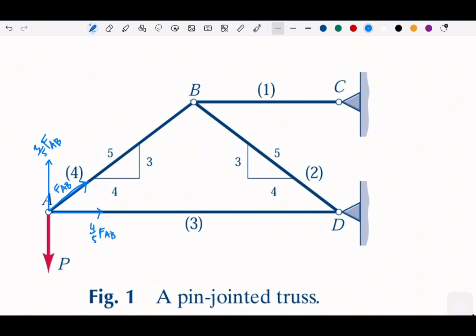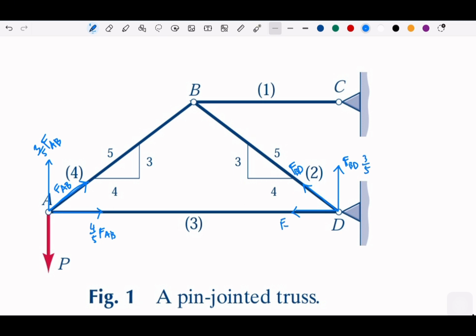And this will be another one. Let's say this is the FBD. This is the FBD multiplied by the 3/5, right?